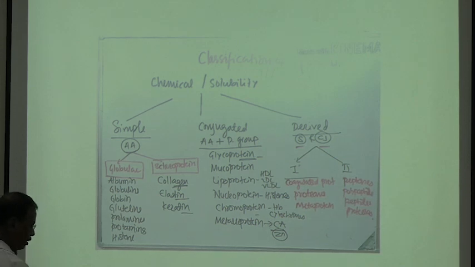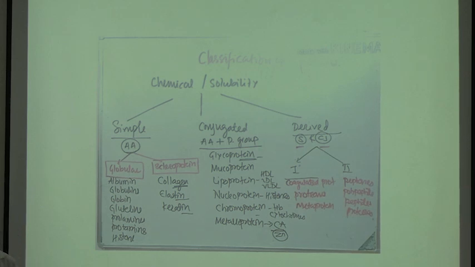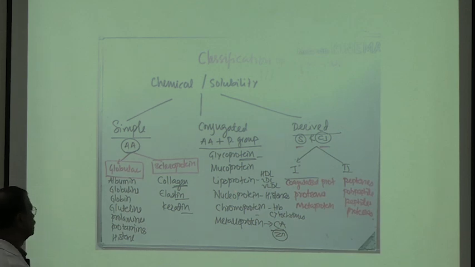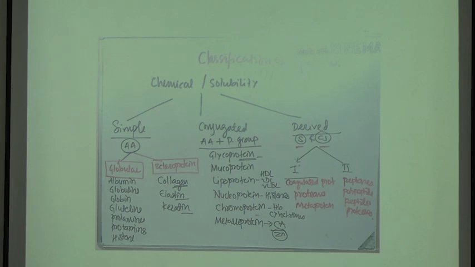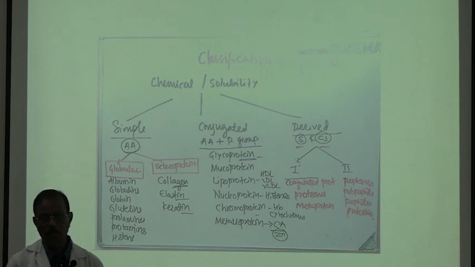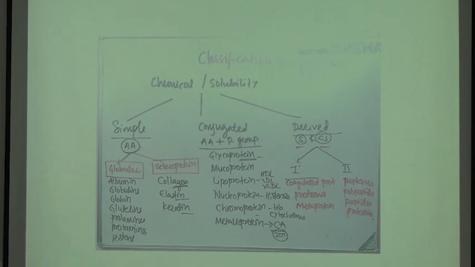Nucleoprotein, it is present in DNA. When nucleic acid is attached with the amino acid, this is called nucleoprotein. When chromogenic particles are attached with the amino acid, they are called chromoprotein, like cytochrome P450 enzyme.